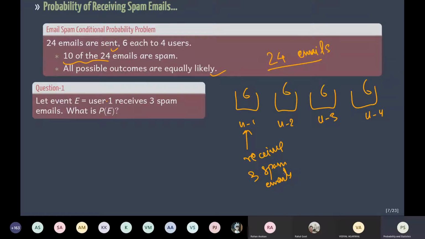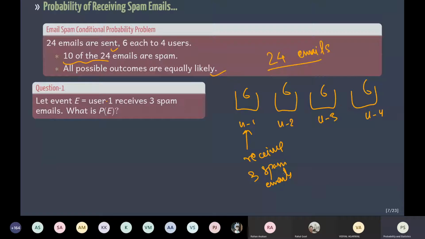How do you go about it? Six emails to 4 users, and now you are talking about the probability that user 1 received 3 spam emails. It should be a counting problem.